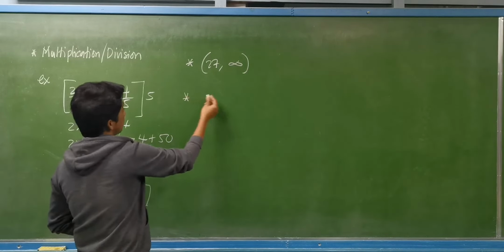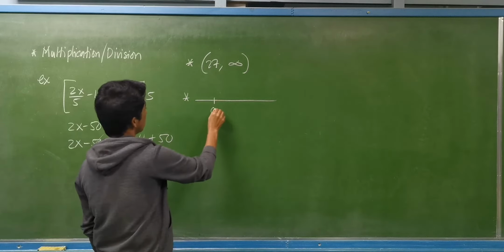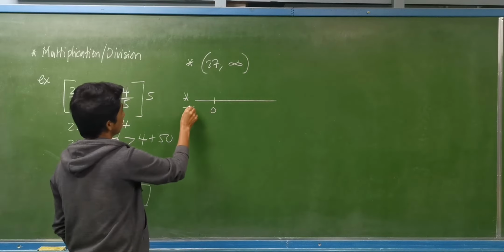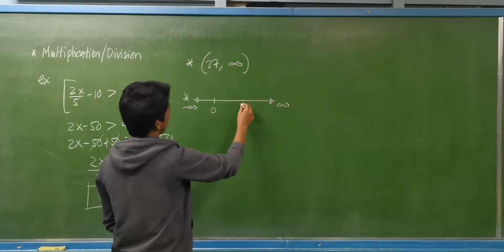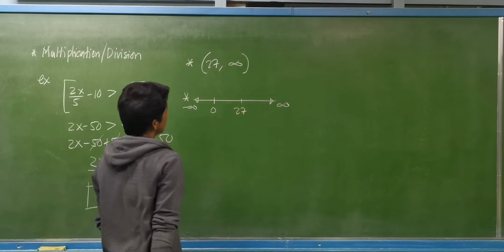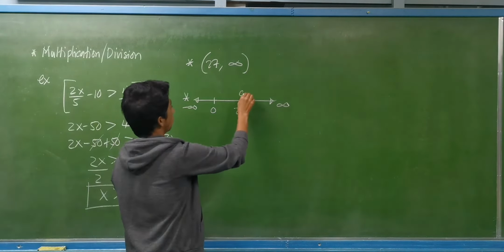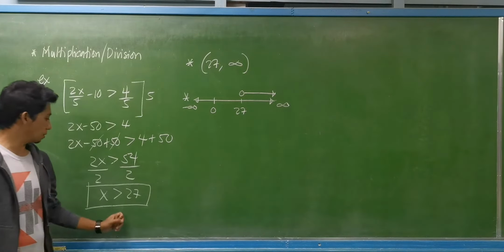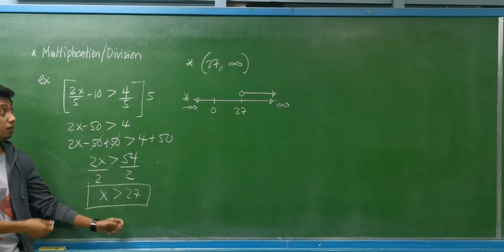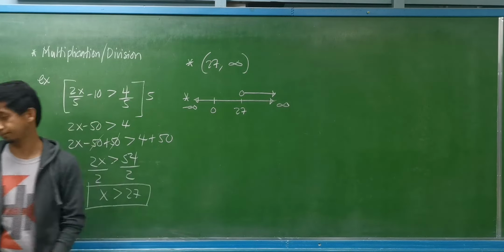So again, the solution set on the number line, let's say this is 0, this is towards the negative infinity and the positive infinity, then we have that 27. Since 27 is not included, there is an open circle, with the arrow towards the positive infinity. So this is our solution as an inequality, in interval notation, and on the number line.